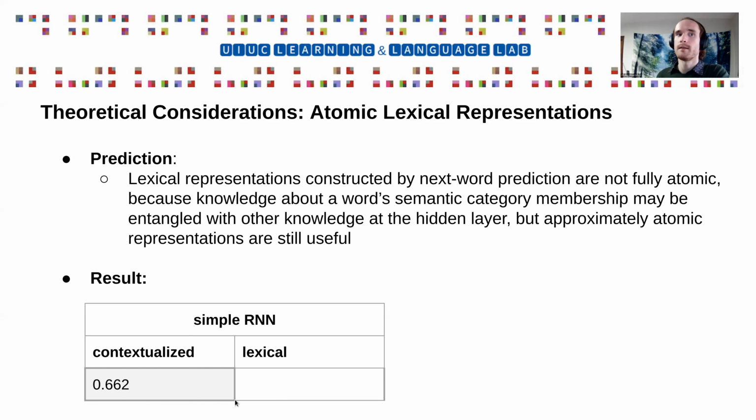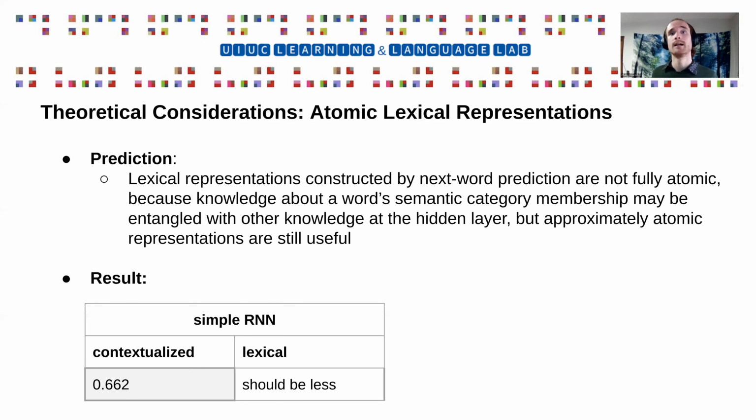This is the maximum that you can get because the lexical representations inherit knowledge from contextual representations at the processor. And the question is just how good are the lexical representations? Are they complete garbage? How close do they get to this number? The closer they get to this number, the more atomic the knowledge is in the simple RNN, and the better that model would be for modeling DECAF.